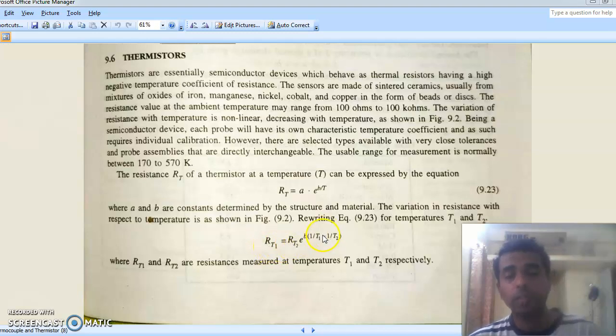From here you can get the value for T1. The known value is the temperature T2, the unknown value is T1, and as T2 is known, you can find the resistance at the reference temperature, so that by this equation you get this value. If this value is obtained, then you can get the value for T1. That is how you get the value of an unknown temperature using a thermistor.